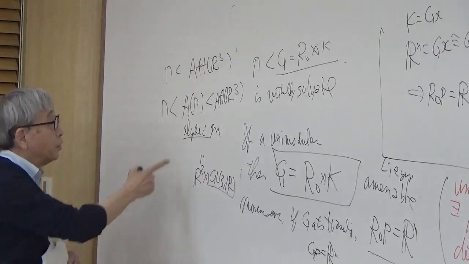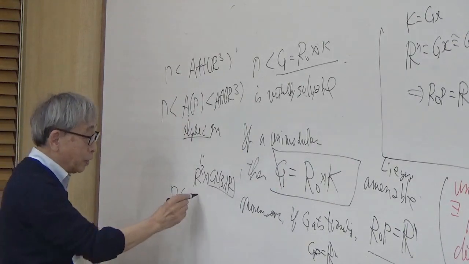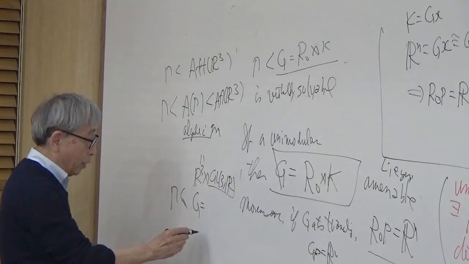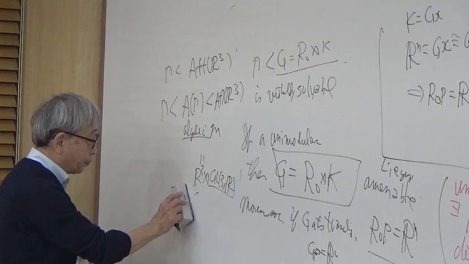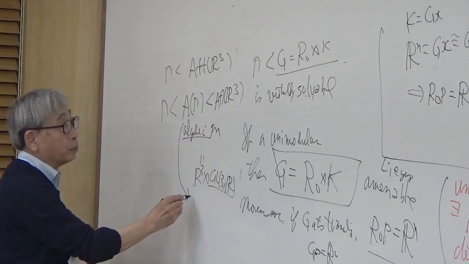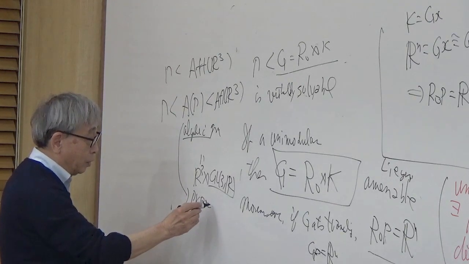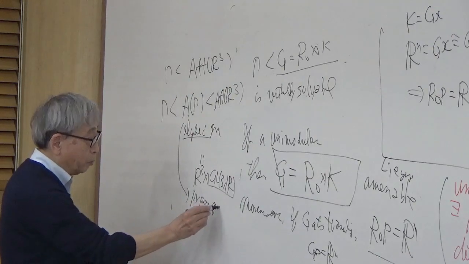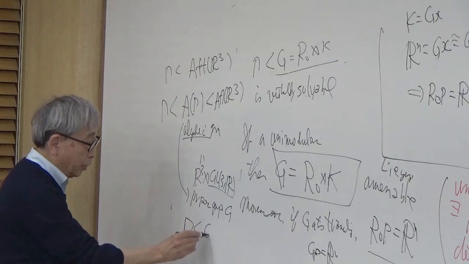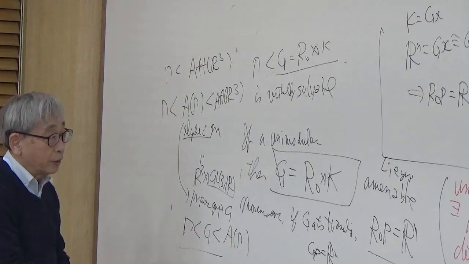Then finally you can determine this group. From this group you can find this G, the proper group G, in which gamma is contained.